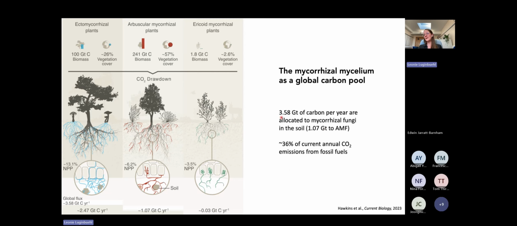And this corresponds to more than a third of the current annual carbon dioxide emissions from fossil fuels. So it's a huge amount of carbon that is drawn down from the atmosphere into the plant and then allocated to these mycorrhizal fungi in the soil. And so that carbon transfer also plays a huge role in the global carbon cycle.